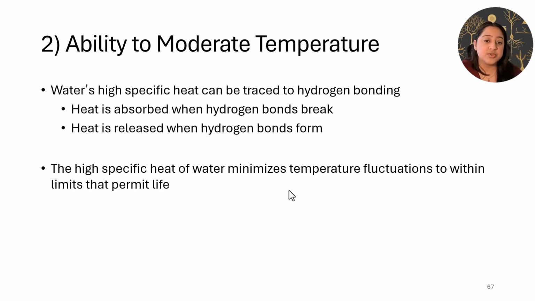So heat is absorbed when hydrogen bonds break, and heat is released when hydrogen bonds form. And so the fact that water can form hydrogen bonds all the time helps it moderate its temperature changes. And that's really helpful because the high specific heat of water minimizes temperature fluctuations to within limits that allow life to happen.